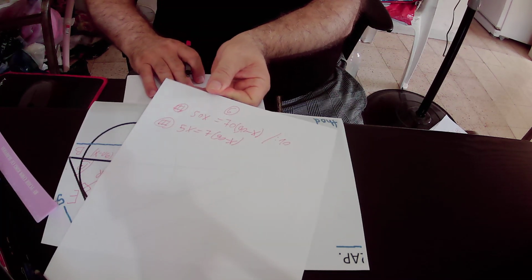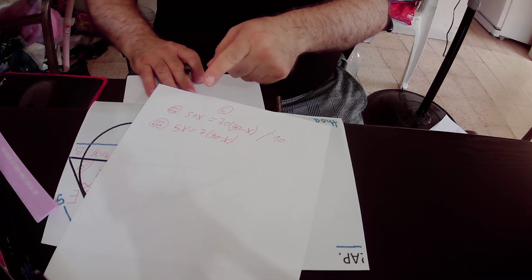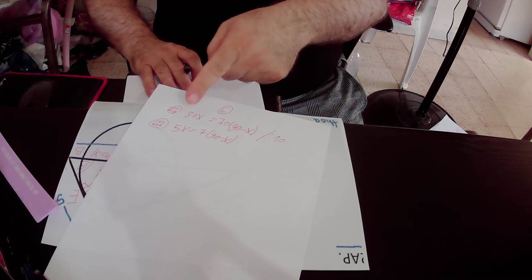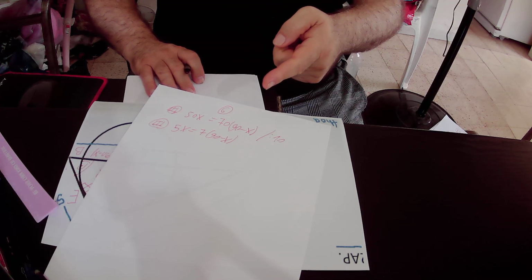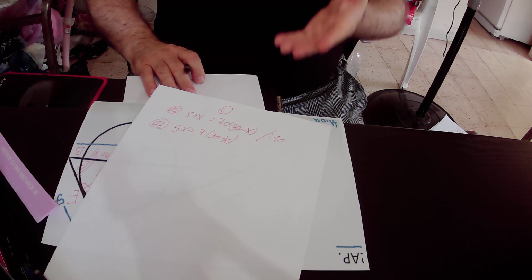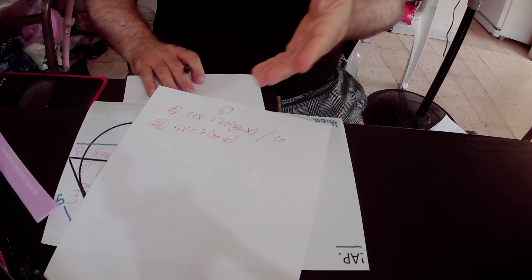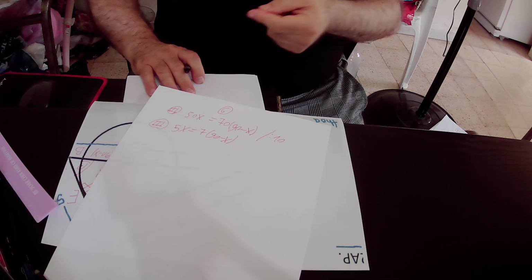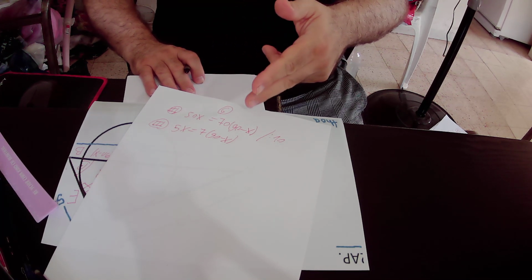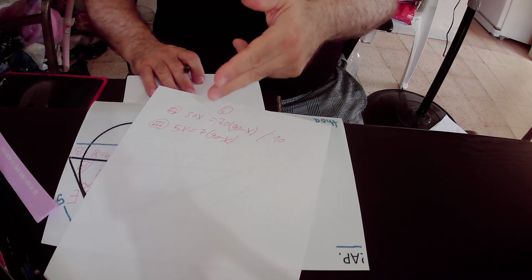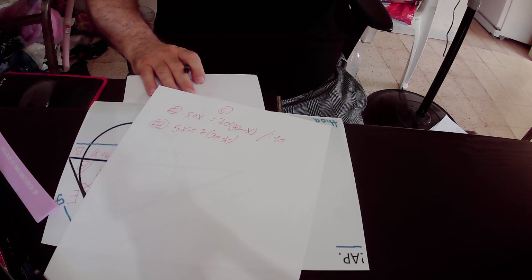So here 50x divided by 10 equals 5x, and 70 times (90 minus x) divided by 10 equals 7 times (90 minus x). So in total, 50 divided by 10 equals 5, and 70 divided by 10 equals 7.